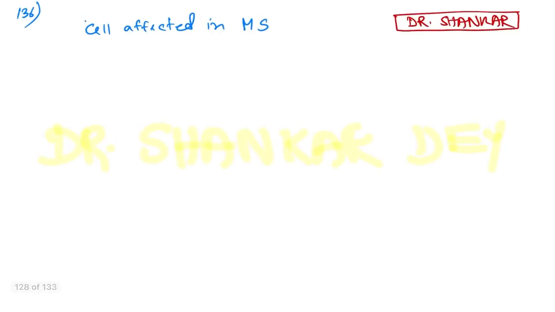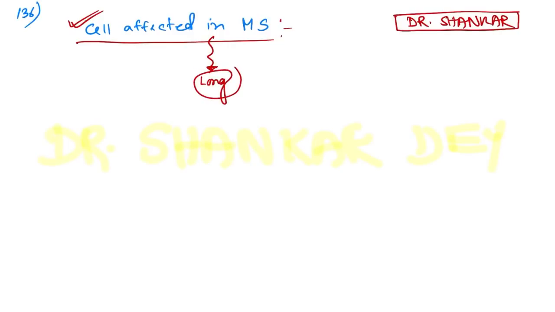So, cell affected in MS. I have made this question into a one-liner question, but the question was not that simple in the exam. It was a very long question, clinical scenario based. I think some symptoms of sensory loss or some sensory abnormality along with some eye features, optic neuritis features, were there. So this is multiple sclerosis.